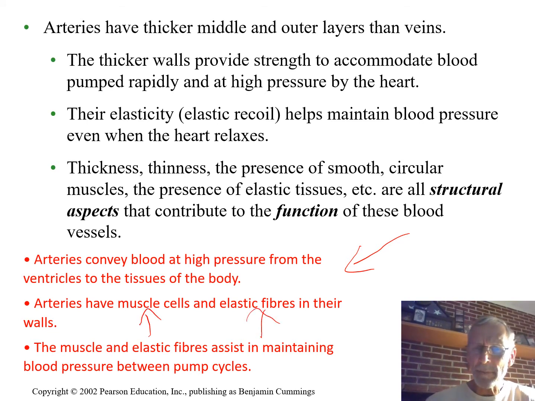What does elastic mean? Elastic is due to a protein called elastin that is structured such that if it's stretched, it goes right back, just like a rubber band, which is elastic, right? And then they assist in maintaining blood pressure between pump cycles. They want you to be able to make a statement like that or identify a statement like that, right?